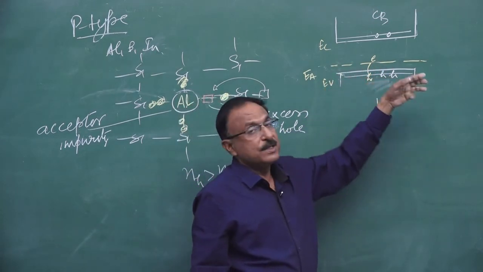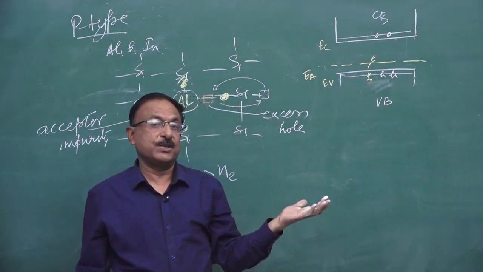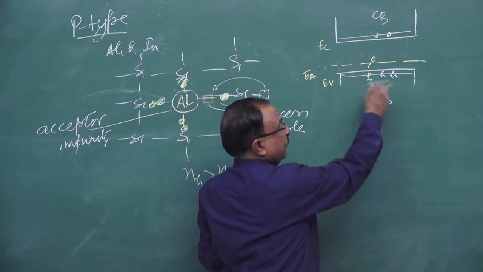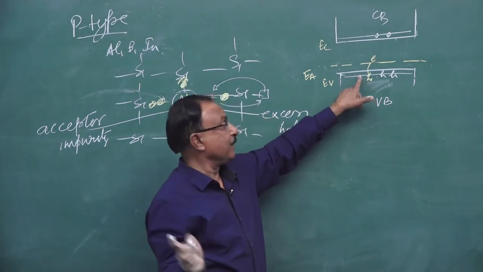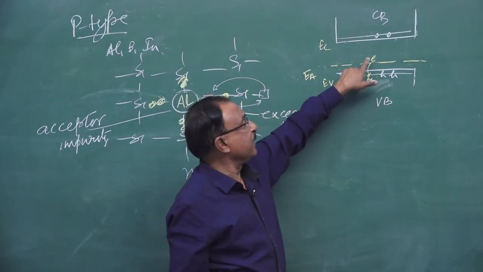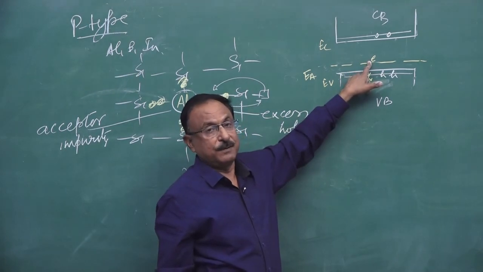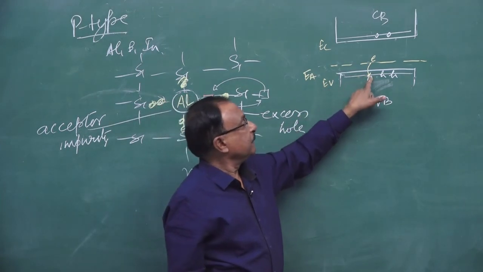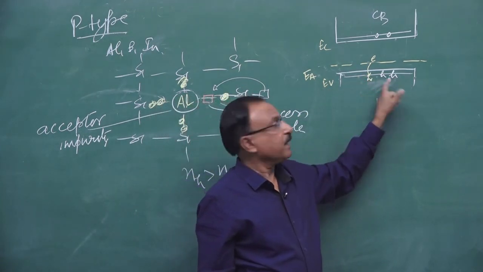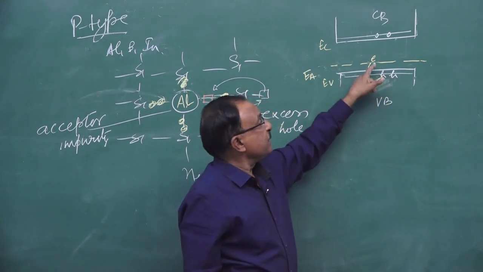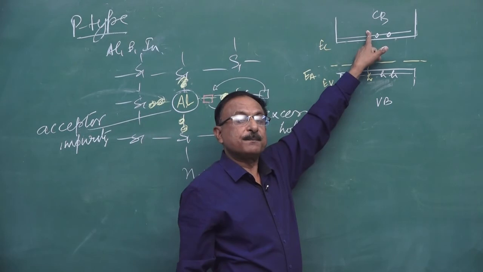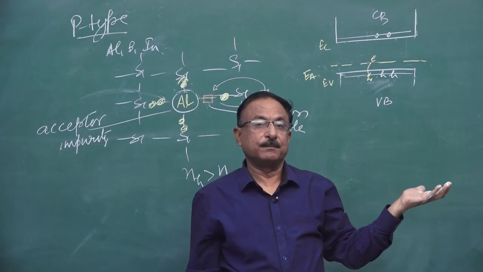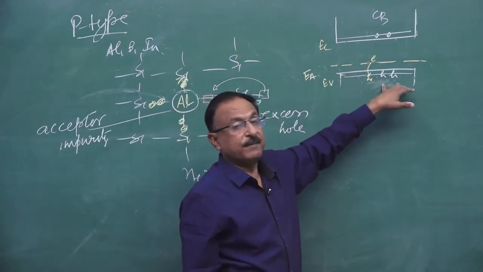Since this energy level is unoccupied, with a little amount of energy, electrons of the valence band of the pure silicon crystal can jump from the valence band to this available acceptor level. The result is that the number of holes will increase. There are now 3 holes. Because this electron is not reaching the conduction band, the number of electrons in the conduction band remains the same, say 2, while holes have increased.